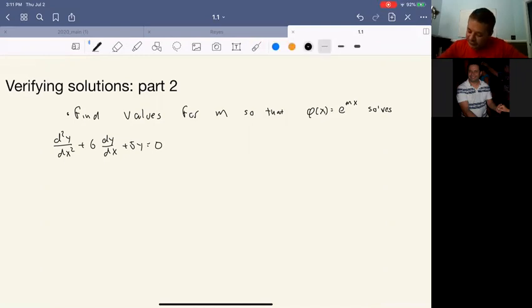But when we have an equation like this, this is second order linear, and this is homogeneous because the right-hand side is 0.